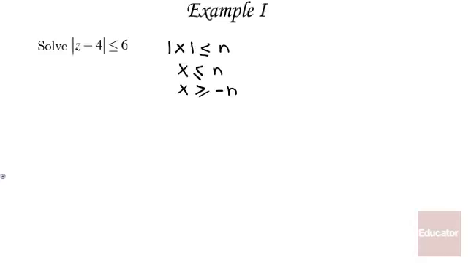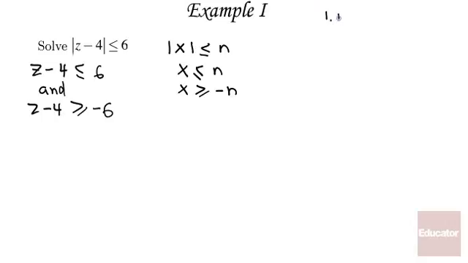Applying that to my example, I'm going to have two related inequalities. z minus 4 is less than or equal to 6, and z minus 4 is greater than or equal to negative 6. The next step is to solve these out.